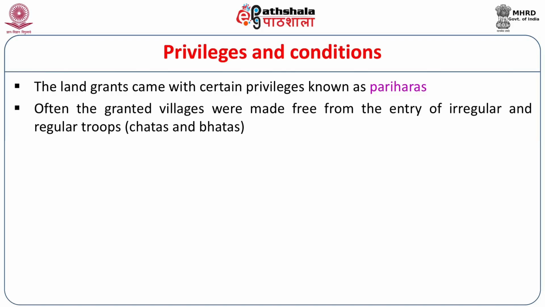Often the granted villages were made free from the entry of irregular and regular troops, the chatas and bhatas. Now, why were the chatas and bhatas prohibited from entering the granted area? Because the chatas and bhatas were soldiers, and they most probably threatened people to pay money. So, they were prohibited by the state from entering the gifted villages.